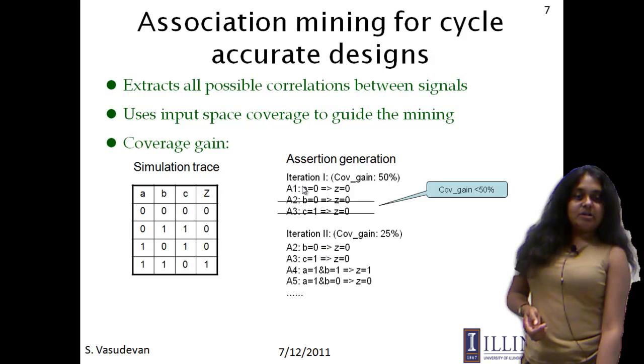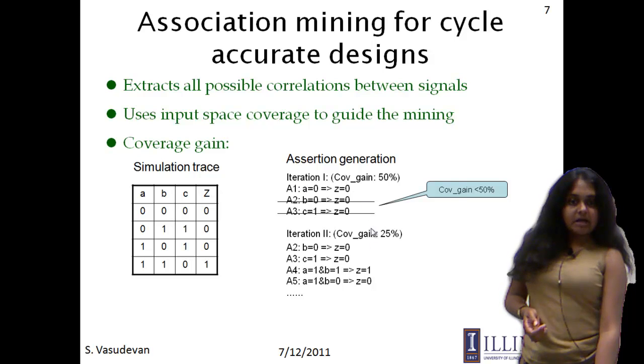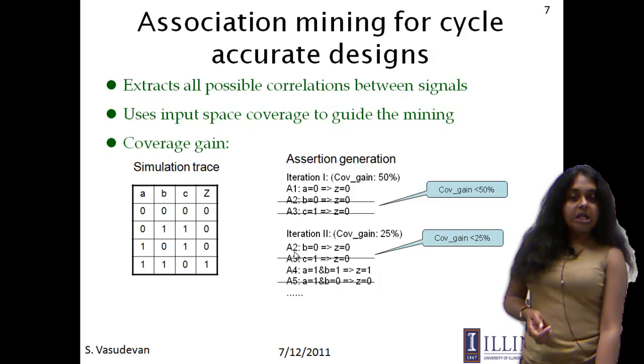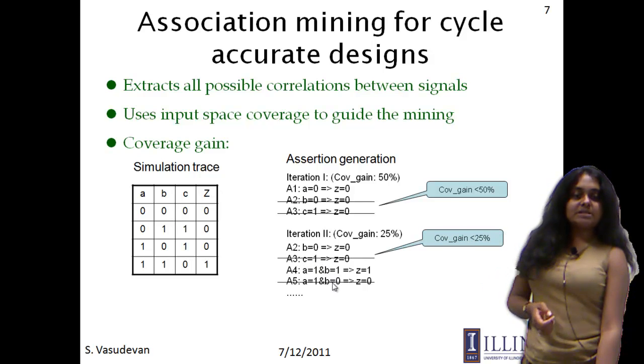So, in the next iteration, if I now decrease the minimum coverage gain threshold to 25%, then I can include this assertion A2 in my solution set, but now the other assertions A3 and A5 get excluded.